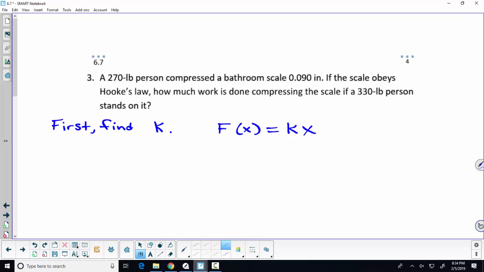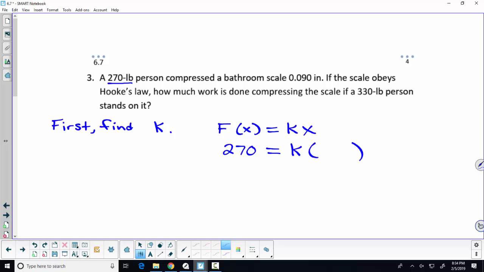Yeah, weight is a force. Mass times gravity is weight. So that's a force. So what do we say? Okay, 270 pounds equals k times x. We're trying to find k.